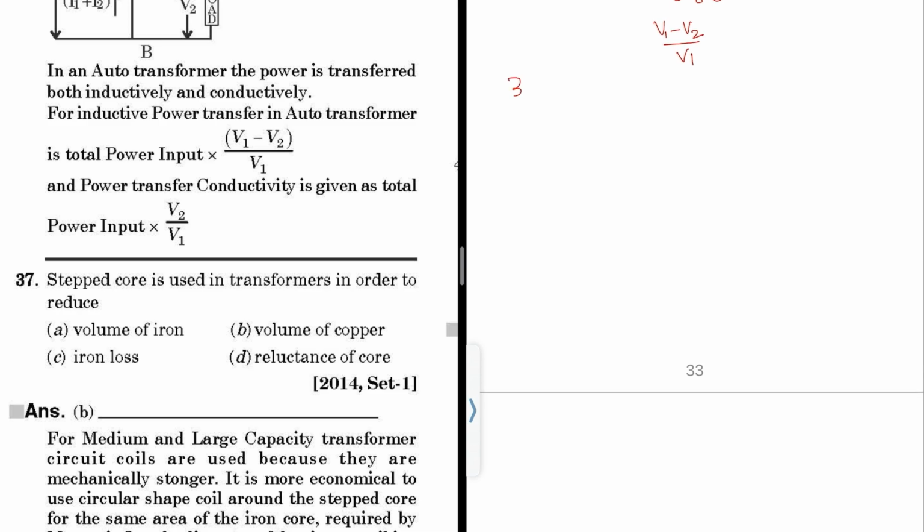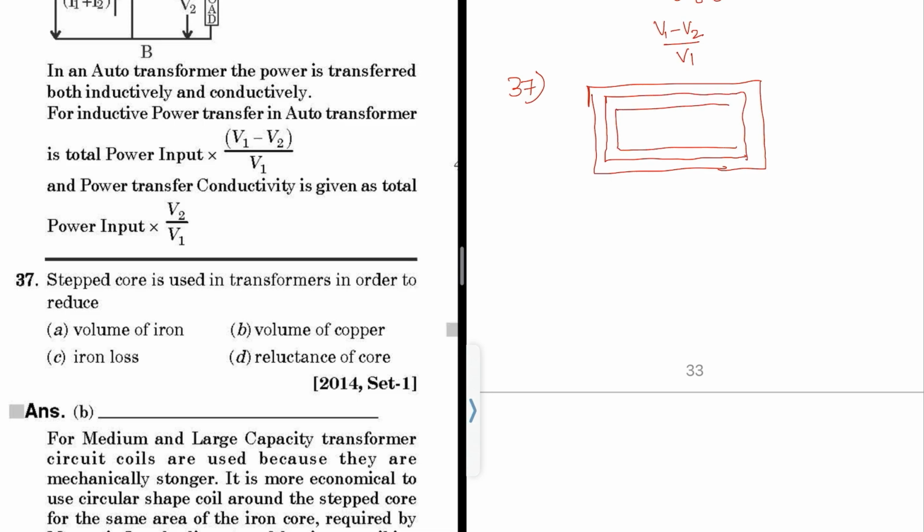Coming to the 37th question. Stepped cores are used in transformers in order to reduce what? Generally, if you see the transformer, it is made up of many sheets like this. In this, we place the winding, right?